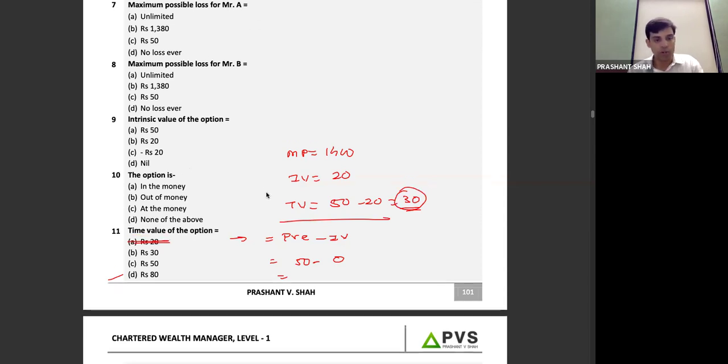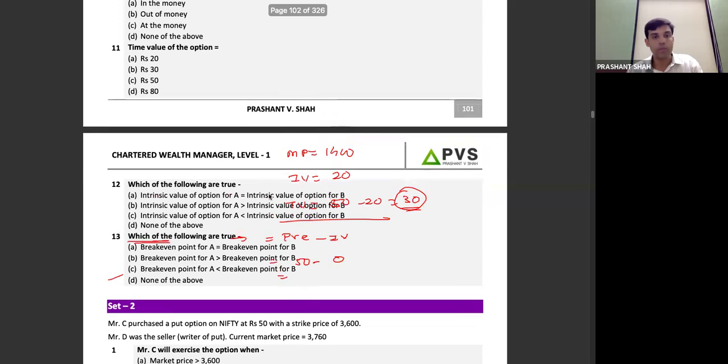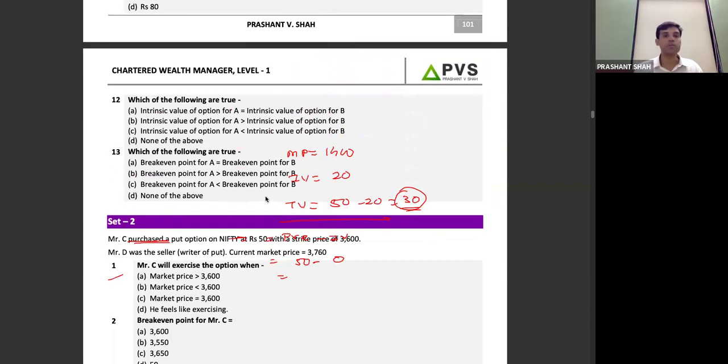Okay, now move further. Which of the following are true? Intrinsic value is always of an option, right? It is not for the buyer or seller. So the correct answer here is A. Intrinsic value of the option for A is equal to intrinsic value of the option for B. If you are a buyer, you tend to get it.